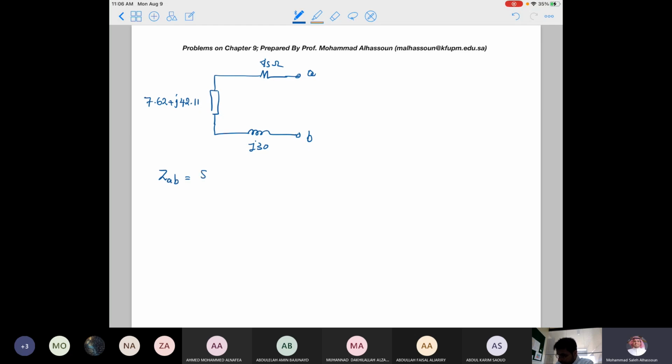So it's going to be 52.62 plus J72.11 ohm, or in polar form it is 89.2, the angle is 53.5.